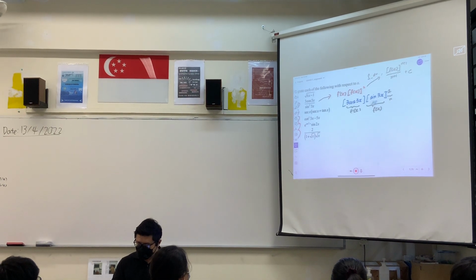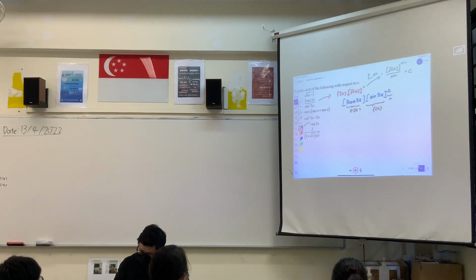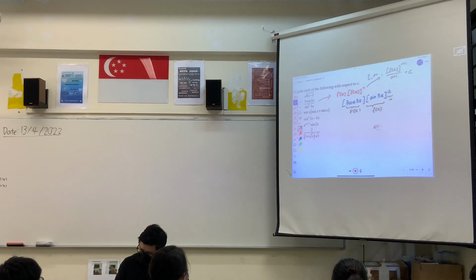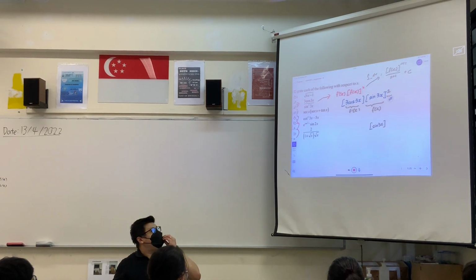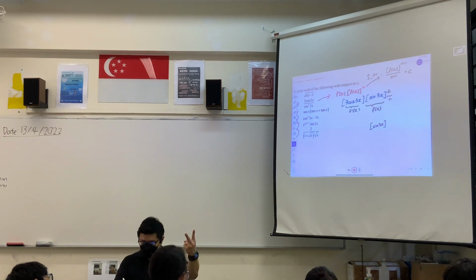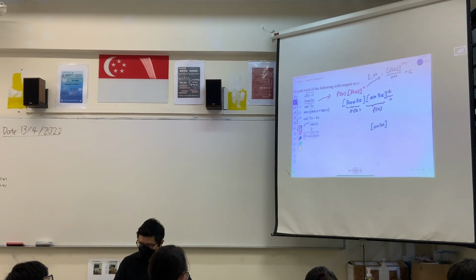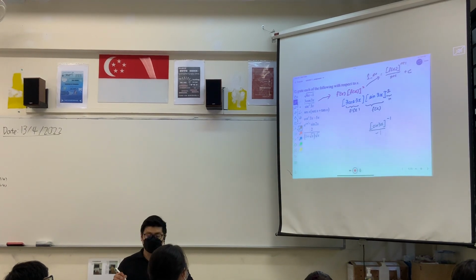This is f x to the power n, that will give you f x. This is f x to the power n plus 1, negative 2 plus 1, that is negative 1, over n plus 1.